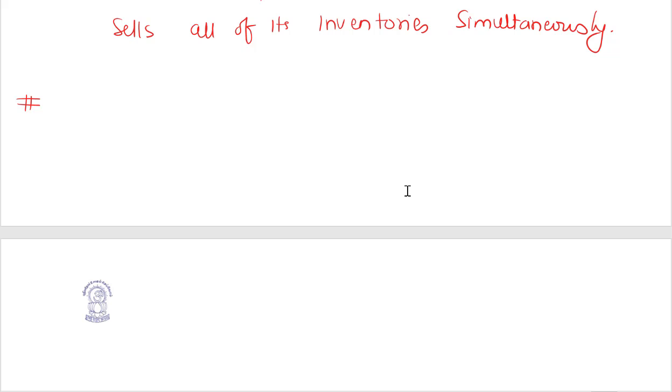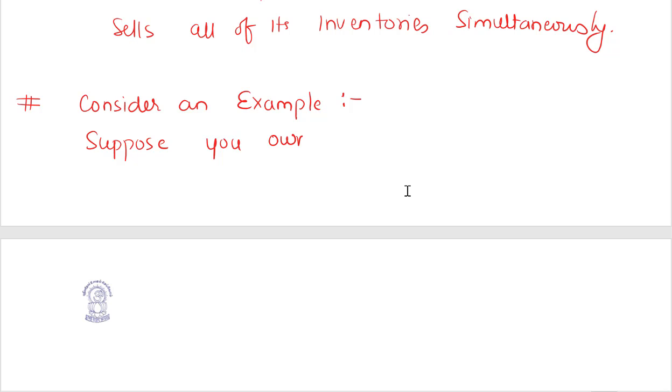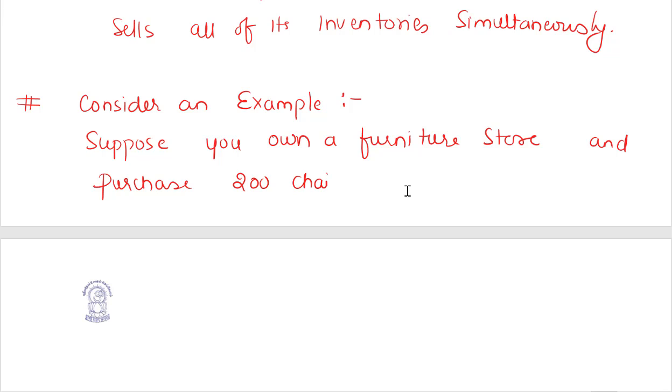Consider an example over here. Suppose you own a furniture store and you purchase 200 chairs for rupee 10 per unit.